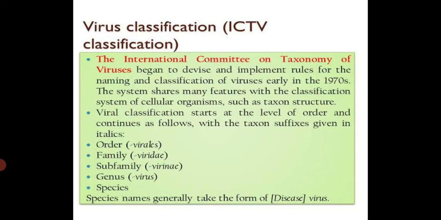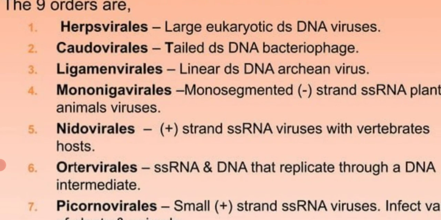That means in the Herpesvirales order, bacteriophages are not included, whereas it contains only double-stranded plant viruses and animal viruses. Caudovirales consists of tailed double-stranded DNA bacteriophages.